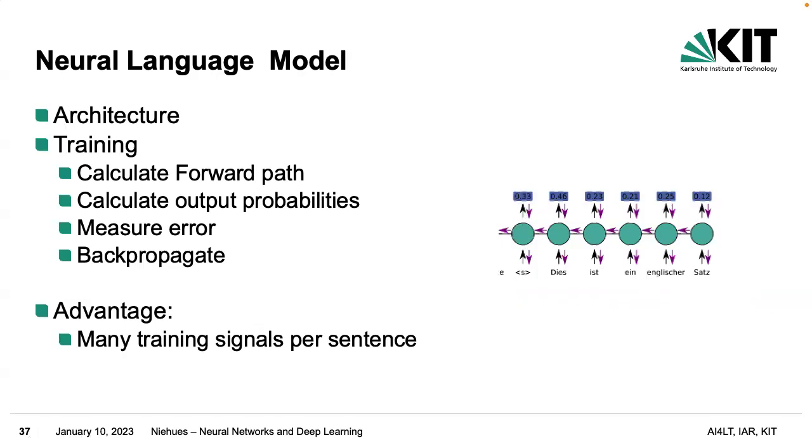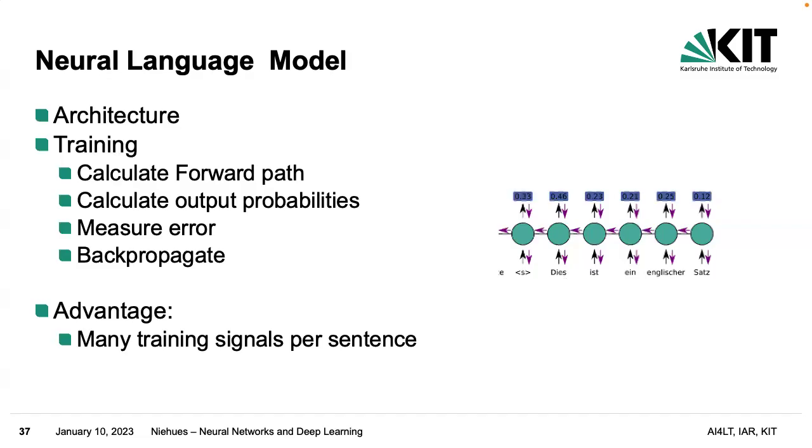And this is really now one big advantage of the neural language model-based approach compared to what we'll see later. If you think about efficiency, so how fast do you learn? If you think of this as one example, you give in one sentence here as input, and you're not only learning to predict one thing.